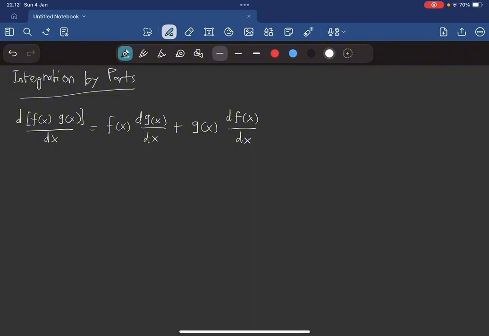Now let's integrate both sides of this equation between limits a and b.